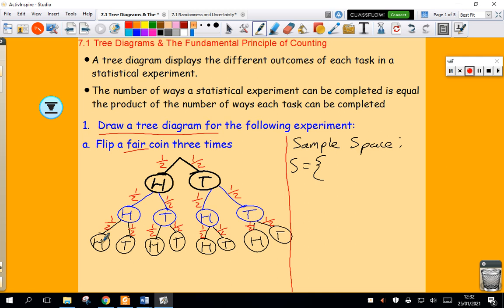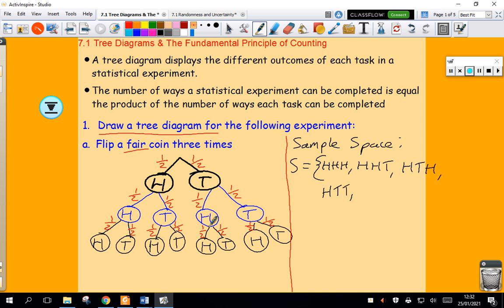Heads, heads, heads. That will be my first possible outcome. My next possible outcome would be heads, heads, tails. And we can follow the tree diagram along to figure out all possible outcomes. My next one would be heads, tails, heads. And heads, tails, tails, just following the branches along.